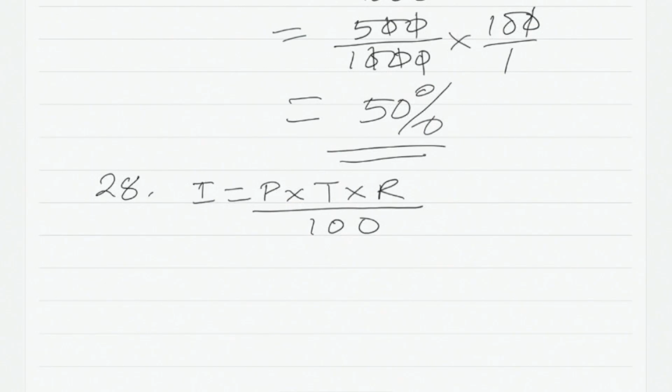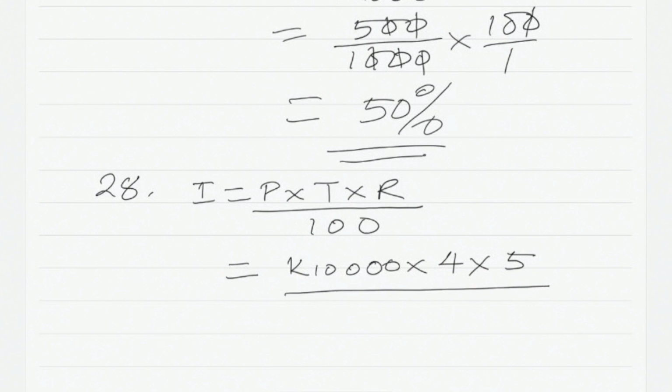So this person had invested 10,000 kwacha, or he put 10,000 kwacha in the bank. For how long? For 4 years. The rate at which interest was to be gained was 5%, over 100. So, if you cancel these two zeros and those two zeros, you find yourself having 100 kwacha. Then on top there is 5 and 4.